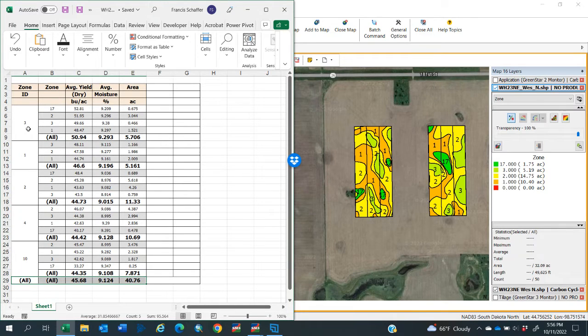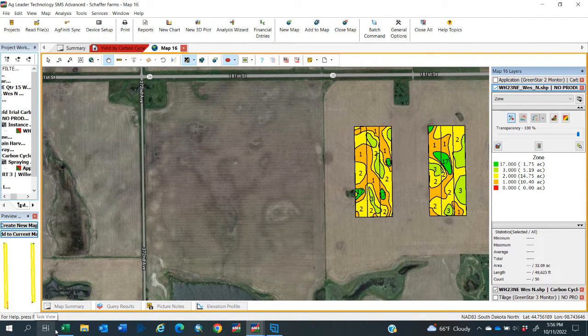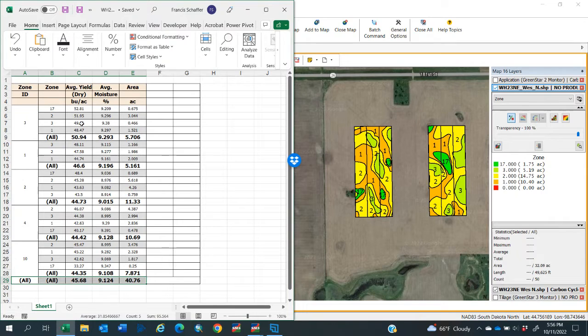Okay, area 3 is over here, if you remember. Area 3, right here. It's got zone 17. That's carbon cycle, 52.8.